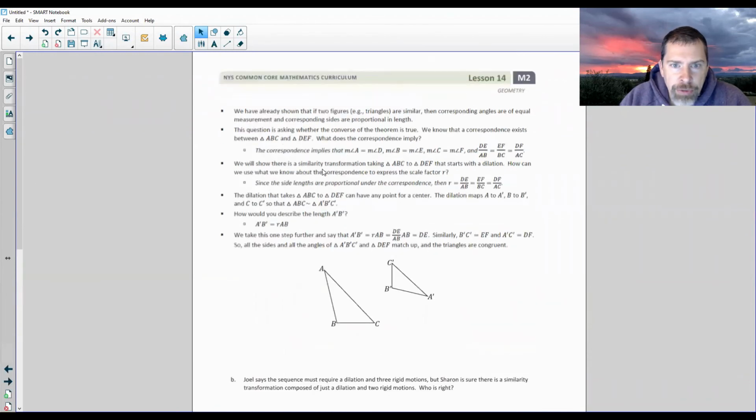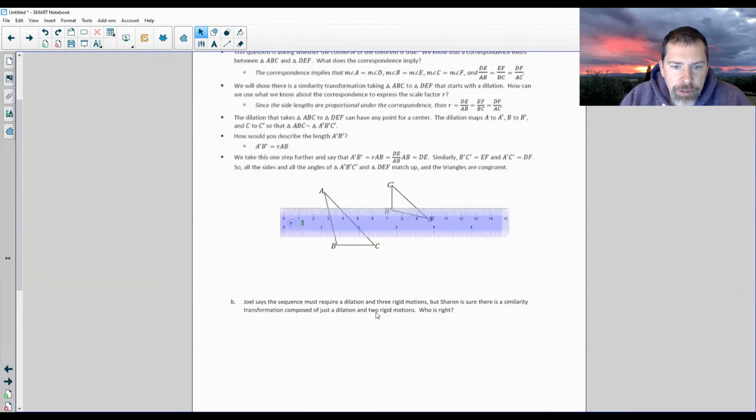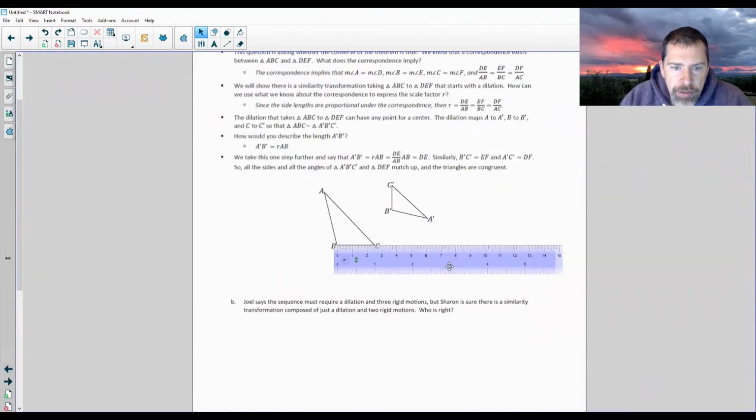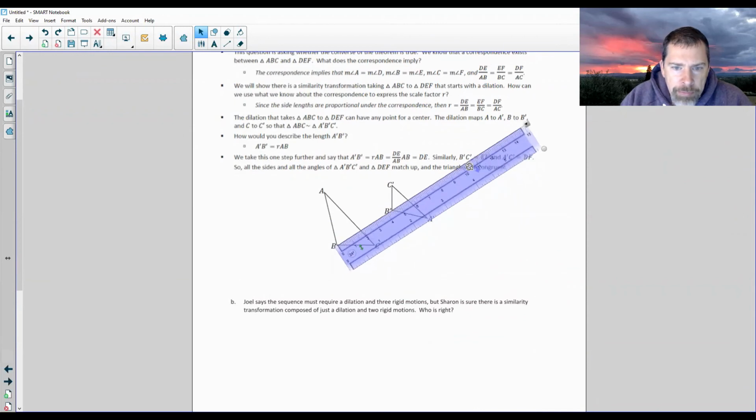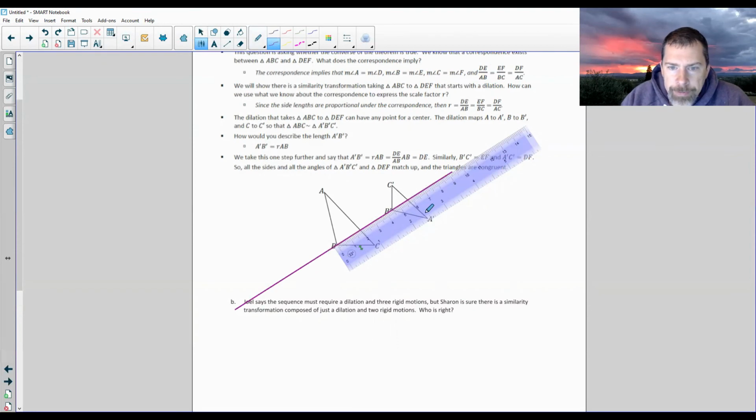And so if I get my ruler, I think I got rid of it. I take my ruler and draw a segment from B to B prime. Like so. Okay.